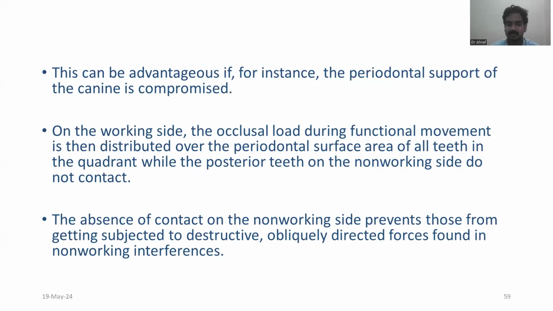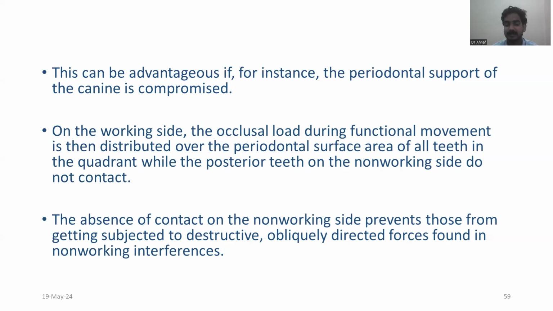So this can be advantageous. For instance, if the patient's periodontal support of the canine is compromised, in that case, if you give a group function occlusion, the load is distributed to all other teeth and it is advantageous for the patient. On the working side, the occlusal load during functional movement is distributed over the periodontal surface of all teeth in the quadrant, while the posterior teeth on the non-working side do not have any contact.